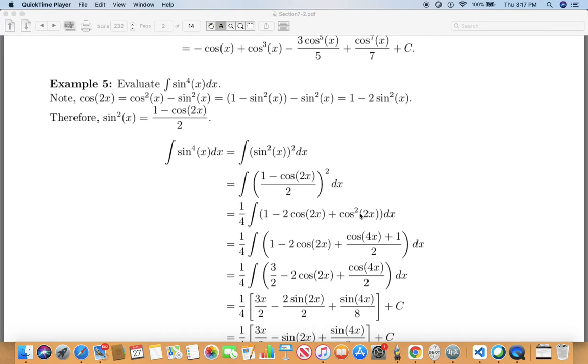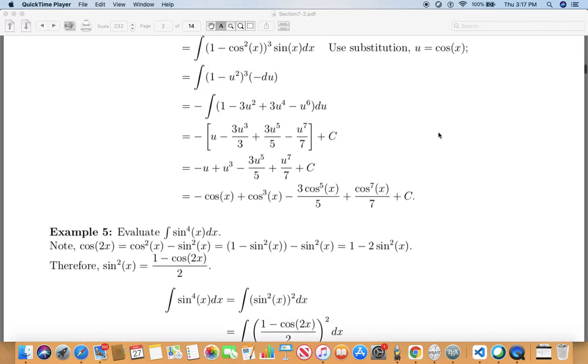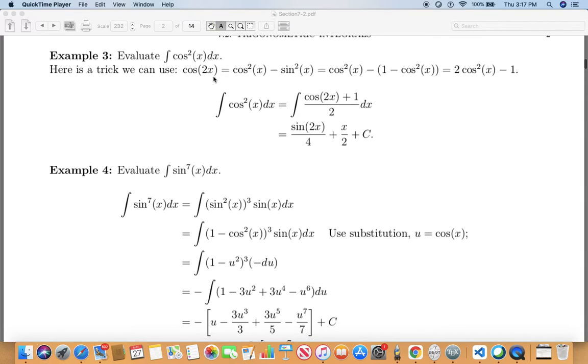As soon as we have even powers, we use the double angle formula. Now, the double angle of 2x is 4x. So cosine squared 2x is cosine 4x plus 1 over 2. The same kind of argument we had over here.